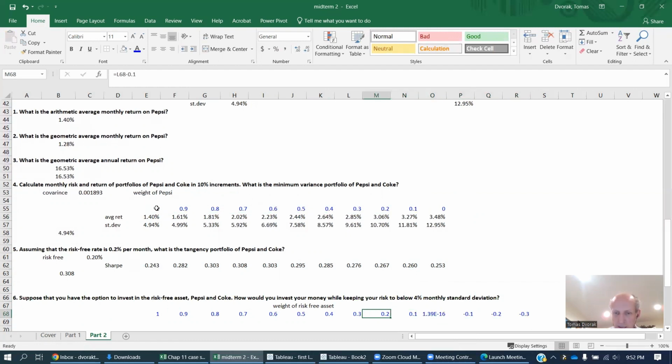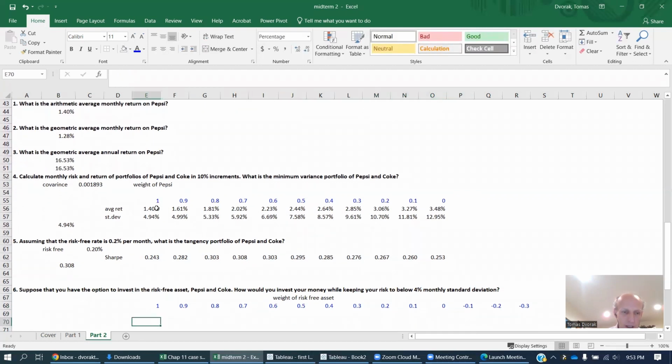Right. And hard code, this is a really low number. I'm going to make it true 0. And so now I need to know what is the average return. Well, the average return equals the weighted average of the risk-free return and the return on the tangency portfolio, where the weights are these numbers up here.